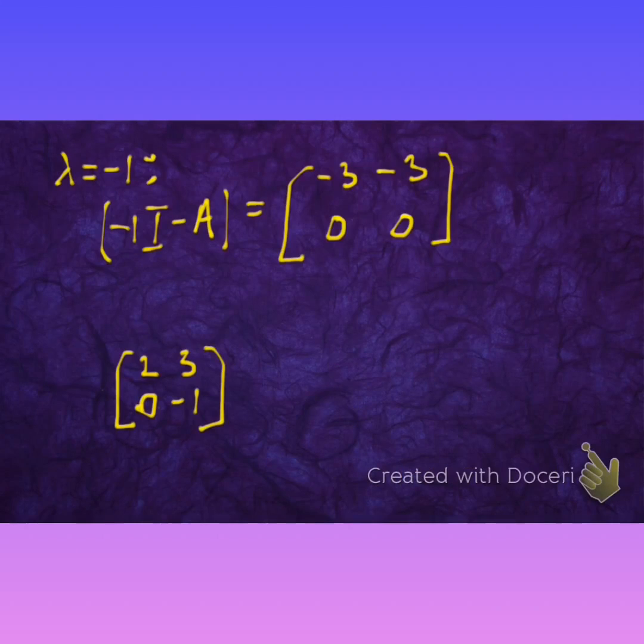Now we look at the case where lambda is minus 1. Working out that equation there, remember what A is. Basically you take minus 1 times I minus A. So it's going to be minus 1 minus 2, which is minus 3. That's going to be a minus 3 there. And then minus 1 minus minus 1, which is minus 1 plus 1, which is 0 there.